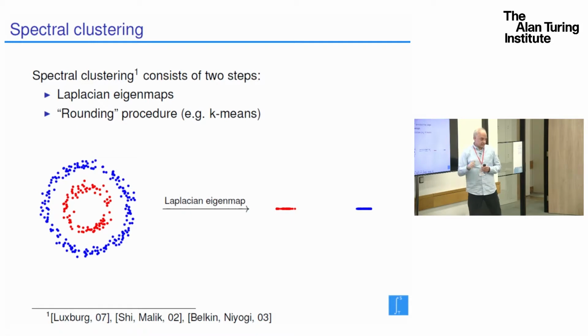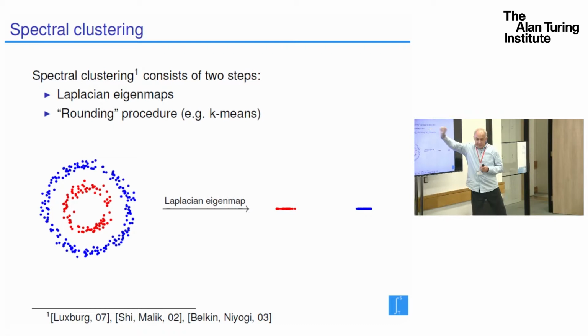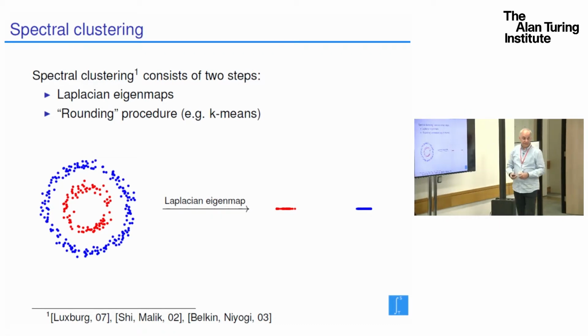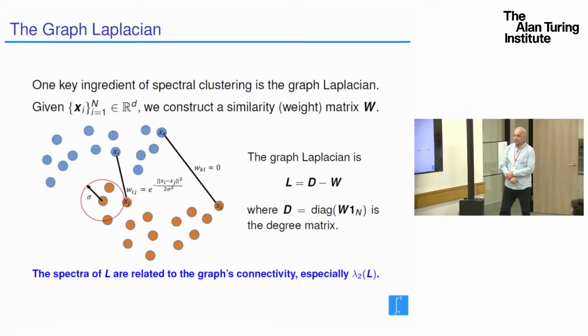Then you apply in a second step, for example, k-means, or some other what we call a rounding step, because the output here should be indicator functions. They are not, so you could round them to indicator functions, therefore the name rounding. But the better way is to use k-means. But this two-step thing makes the theoretical analysis very tricky.